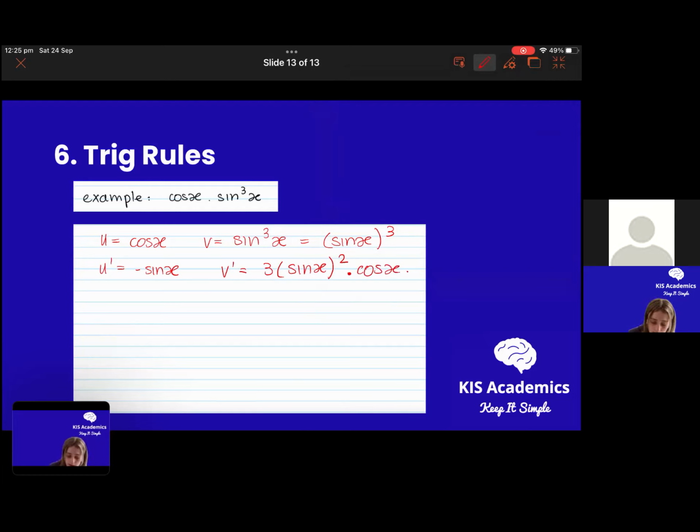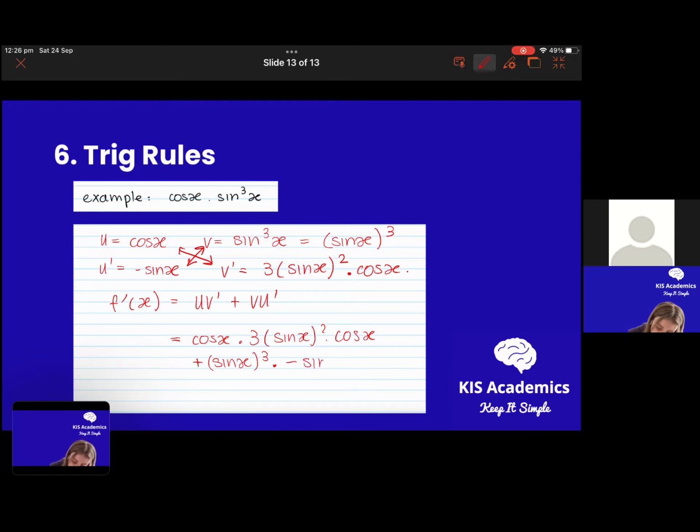Okay, now a quick recap. If we remember what our product rule is, it's u v dash plus v u dash. So we're doing this little cross method here again. And so my u was cos x, my v dash was 3 times sine x squared times cos x. And I'm going to have to do another line, plus my original v, which was sine x cubed, times my u dash, which is going to be negative sine x.